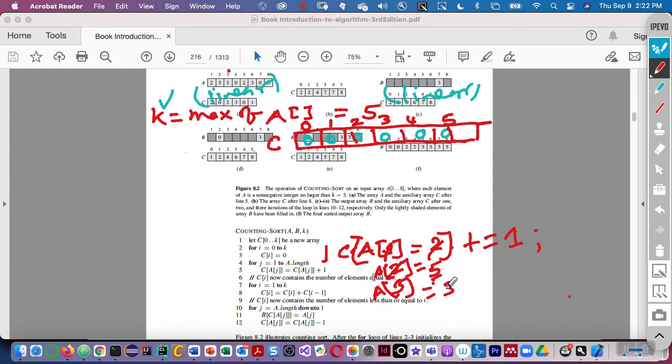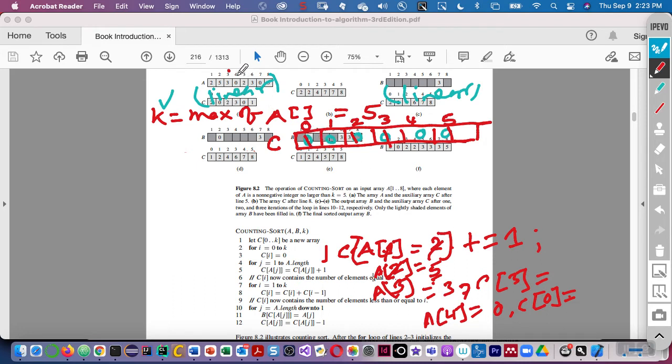Then c3, initially c3 equals 0, so that will be incremented by 1. And again a4 equals 0. Then c of 0 will be incremented by 1. C of 0, this one will be incremented by 1.